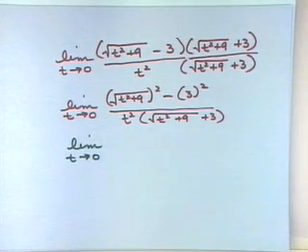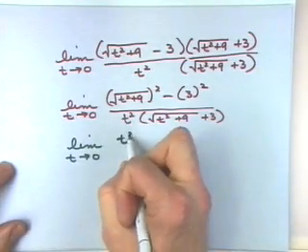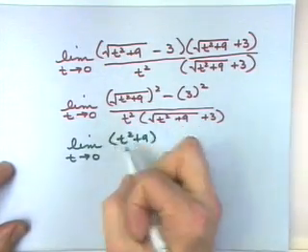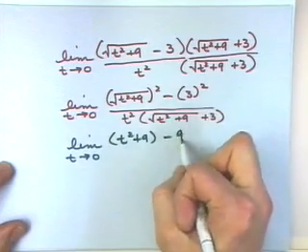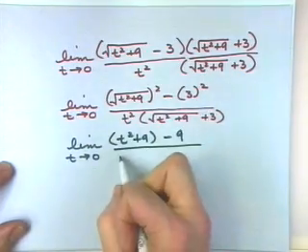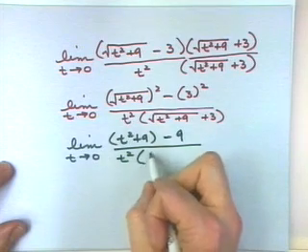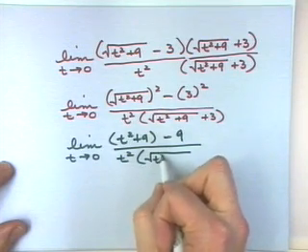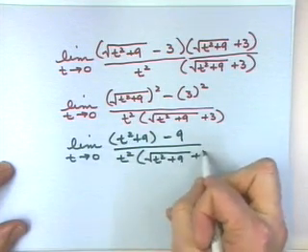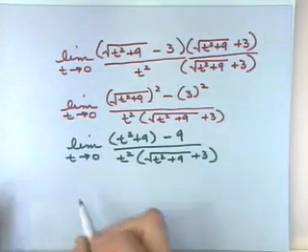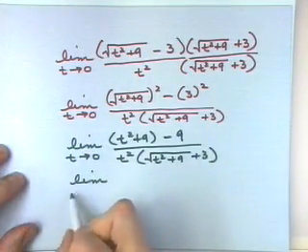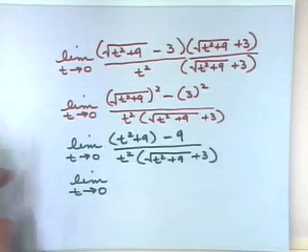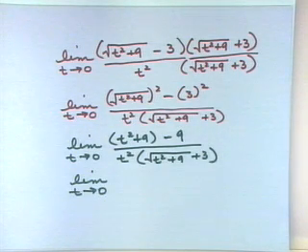t squared plus 9, the square root of that, the quantity squared, is t squared plus 9. From that, we're going to subtract 9. That helps the cause. Okay, can you see that it helped?